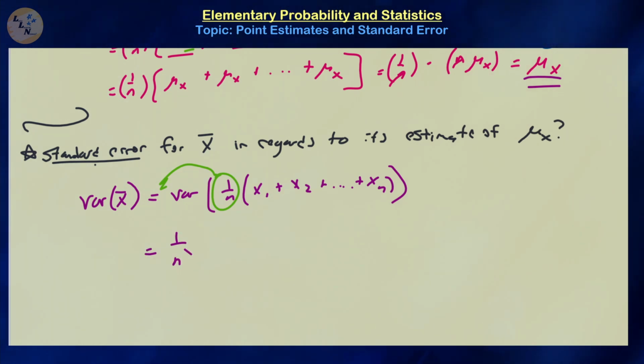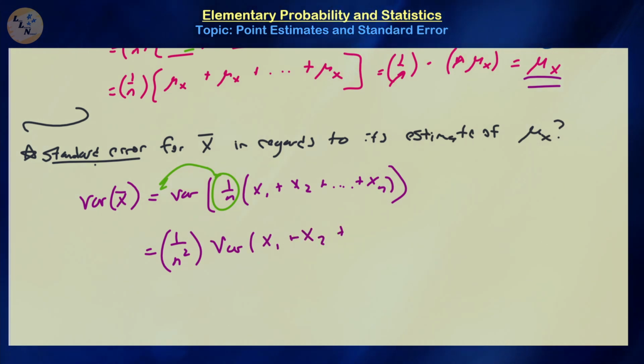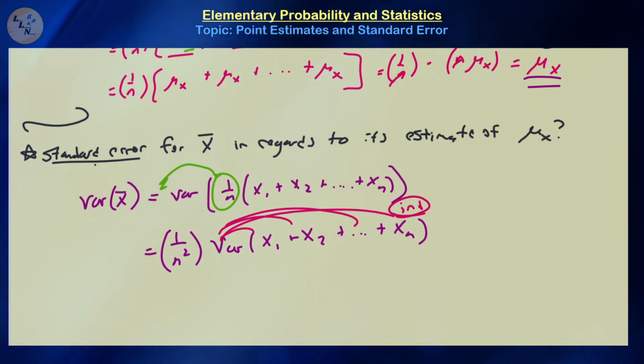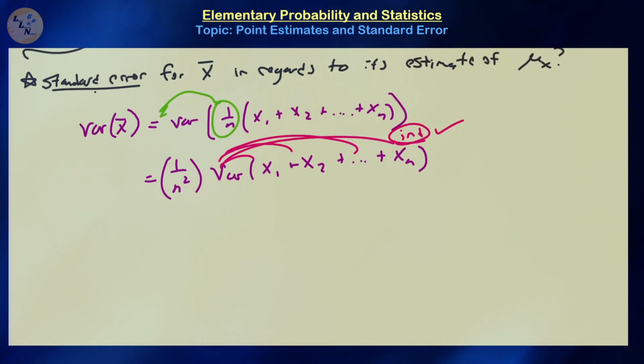So we're going to be left with 1 over n squared times the variance of x1 plus x2 plus all the way down to xn. We can distribute variance over the sum of these random variables as long as we assume that these variables are independent. If they aren't independent, there's going to be some covariance terms in this. So let's assume that this indeed is true. That means our sample is a simple random sample of all independent values.